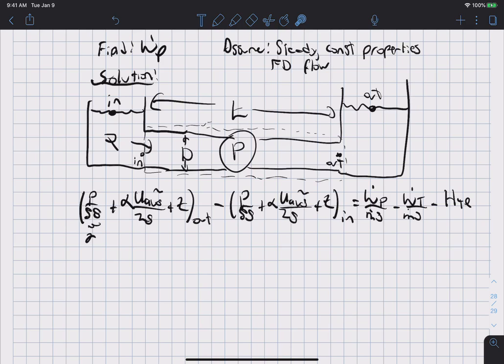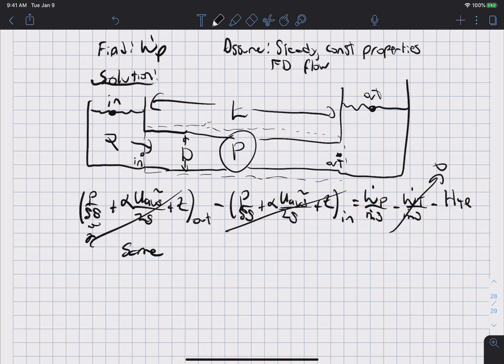Now, alternatively, if you chose state 1 and state 2 to be here and here respectively, then the pressures are the same, so those cancel out. The velocity squareds are both 0, and the elevations are at the same height. So again, it just simply doesn't matter what you pick. So basically, these are the same, so they cancel out, and as long as you choose the inlet and the outlet consistently, that works. And there's no turbine work, so that's gone.